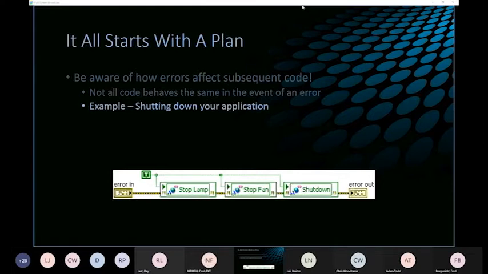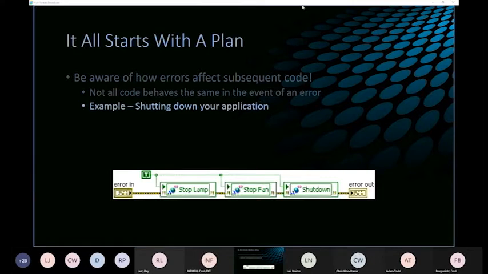However, you want to think about what happens in the event of an error, because if there's an error coming in here, you're probably not going to execute these nodes, because recall that the normal error behavior of nodes in LabVIEW is that if they get an error in, they don't do their operation. So in the way this code is written here, you likely are not going to stop everything and shut down.